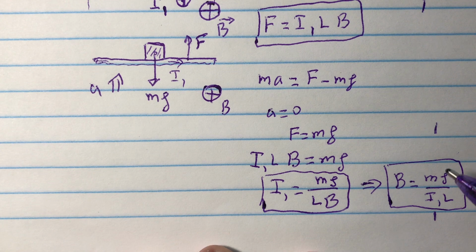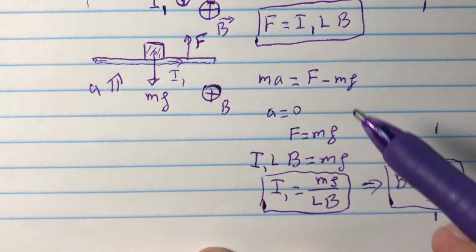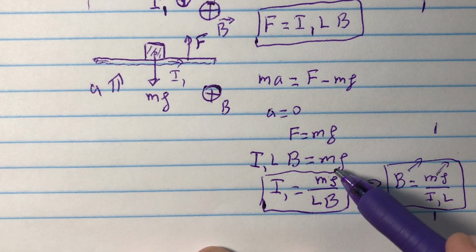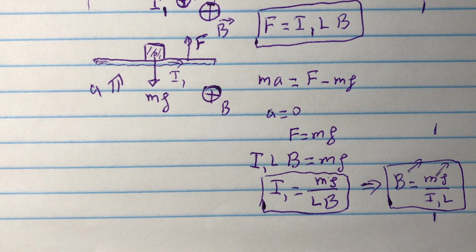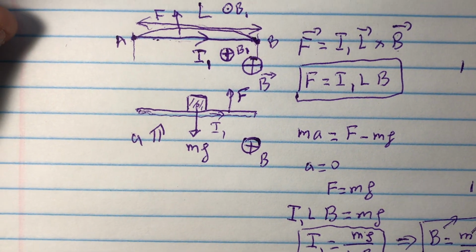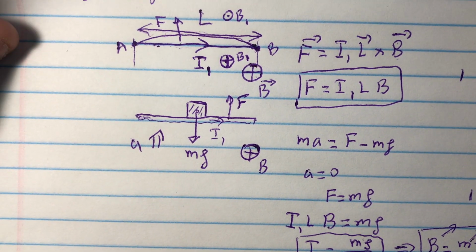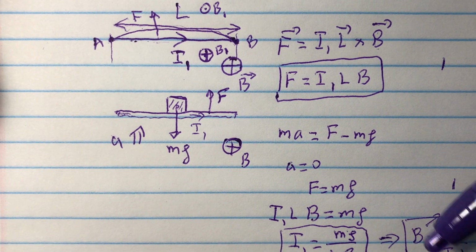So you can see, if you want to increase the mass, you have to increase the outside B field. If you want to lift some heavy mass, you need to increase the current. So now we know the magnetic force on the current wire. Okay? See you.